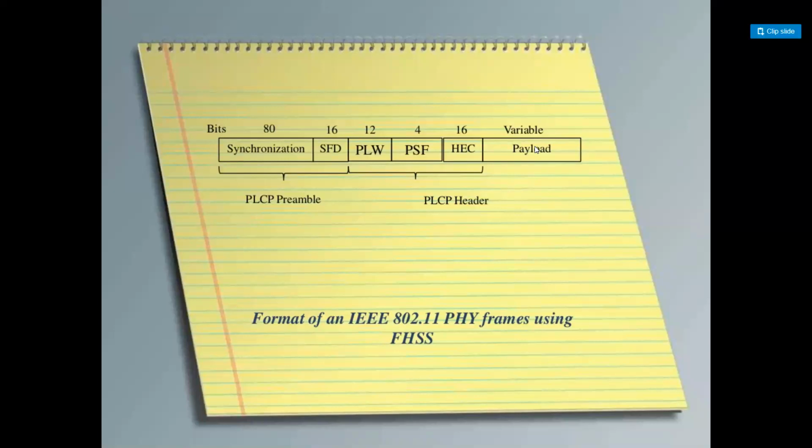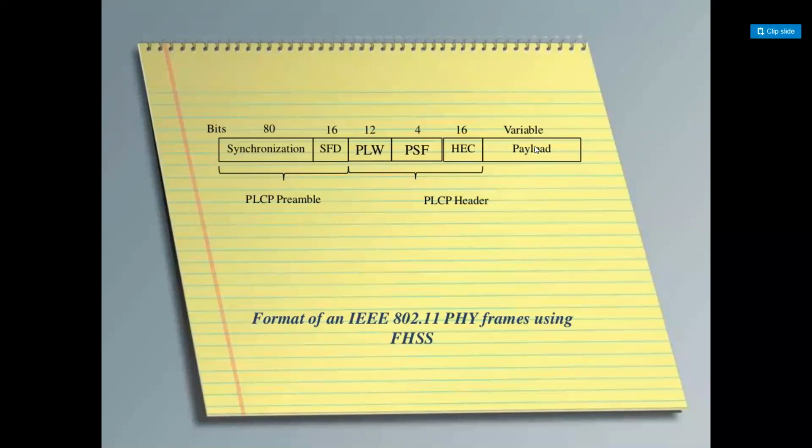The second is for stations that have multiple antennas and multi-path fading; if there are any problems, it deals with them. And the third is that the receiver can measure the frequency of the incoming signal. You need not write all these things. Just remember it is used for synchronization between sender and receiver.